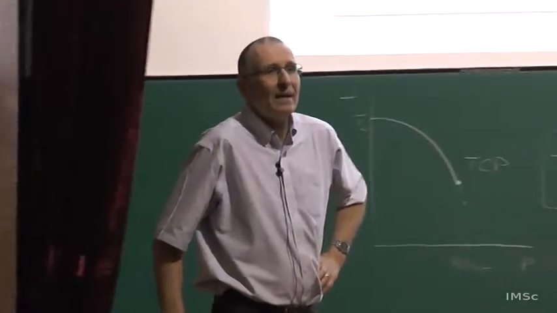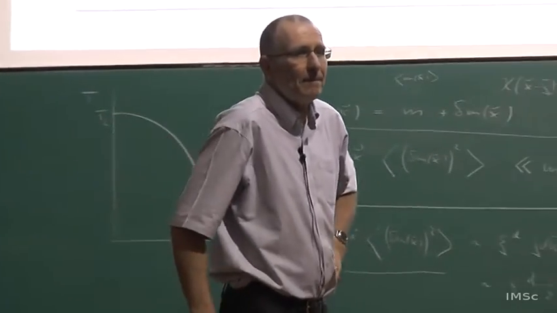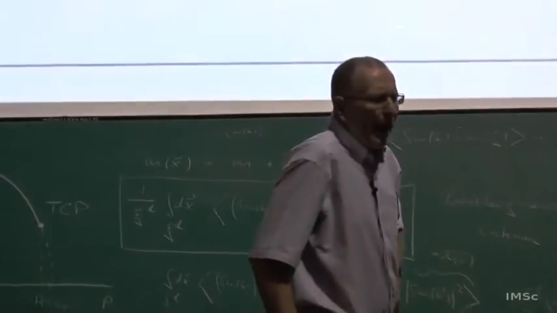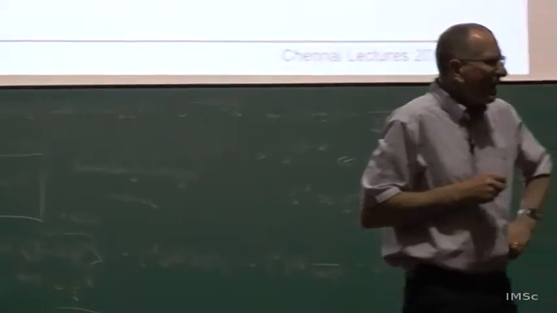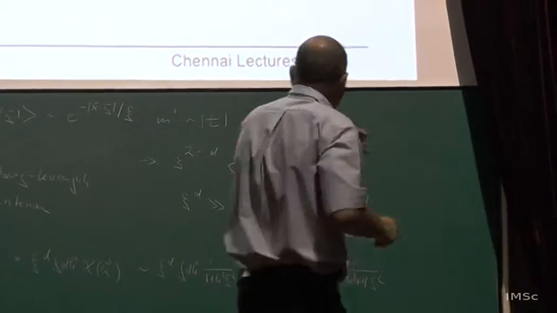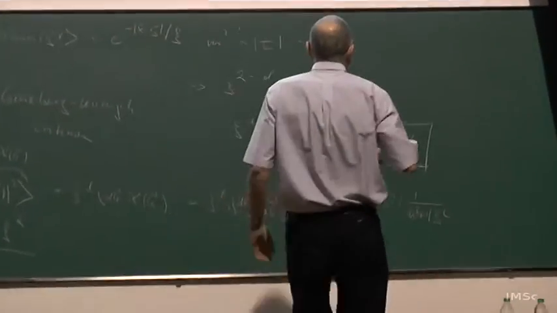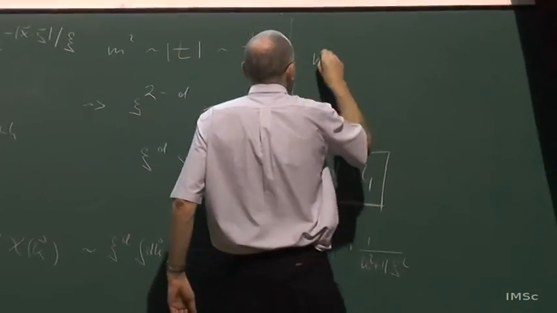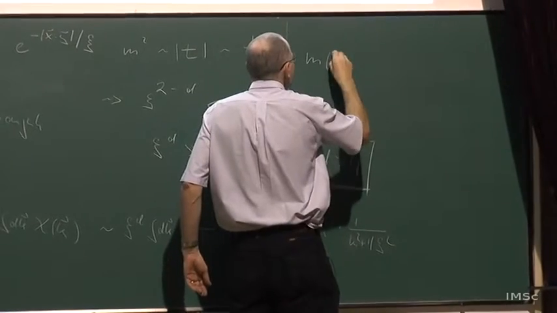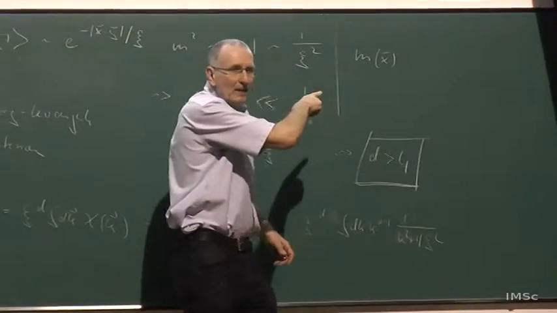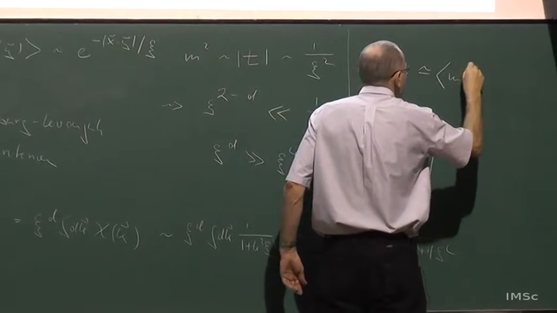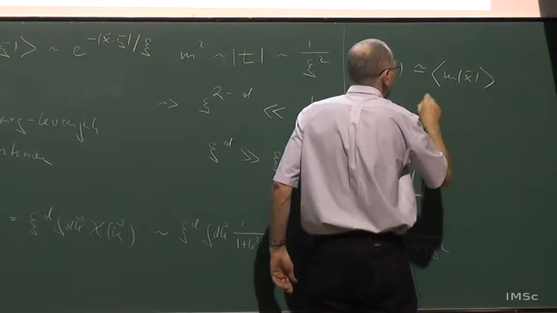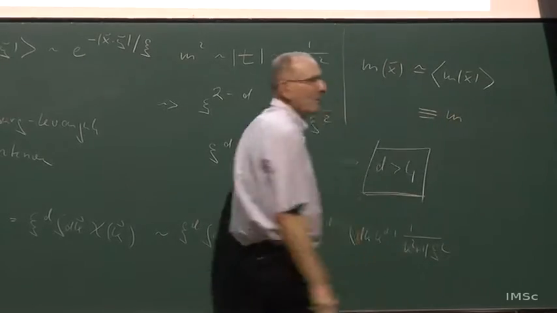So you are taking the m to be constant. That means you are taking a homogeneous system. No, not quite. What we are doing is we are saying let's approximate. Let's do an approximation where we replace the position-dependent fluctuating m by its average, and that average we simply call m.